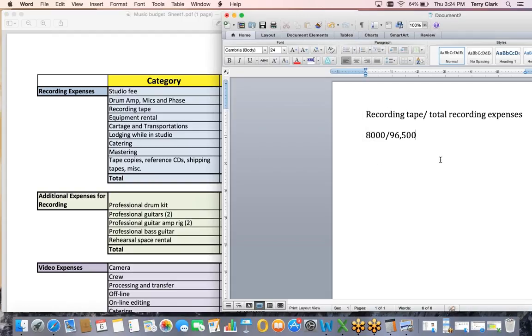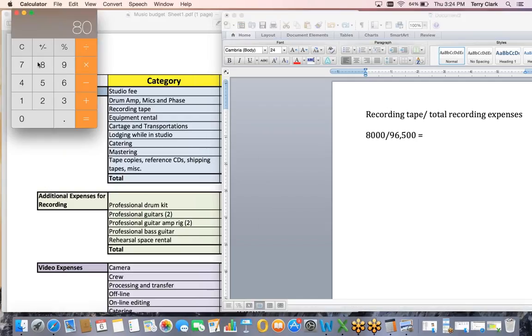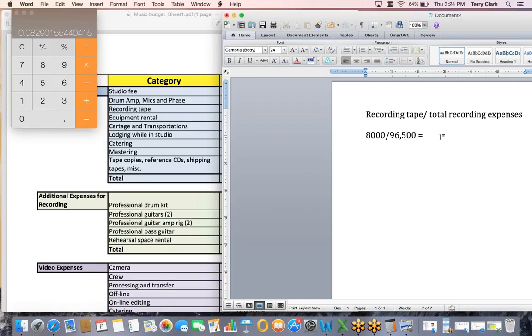Yeah, we can leave the rest out. Okay, now I can convert that to a percent one or two ways. The quickest way of doing it is just to divide. So I'm going to take 8,000 and divide it by 96,500. And then that's going to give me 8.08.